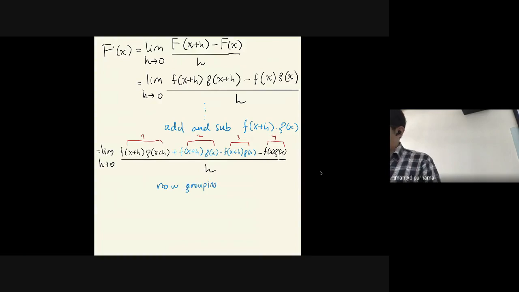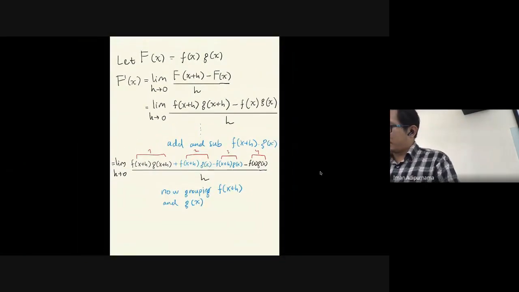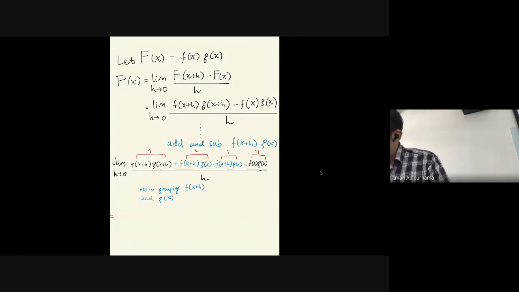Now, grouping. Grouping the f(x+h) and g(x). Let me write.